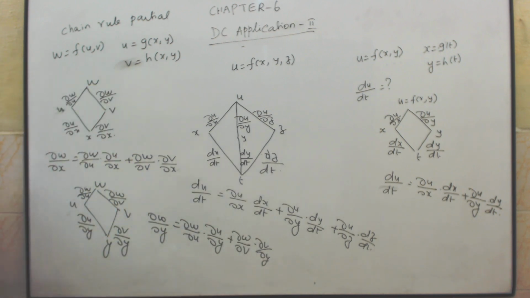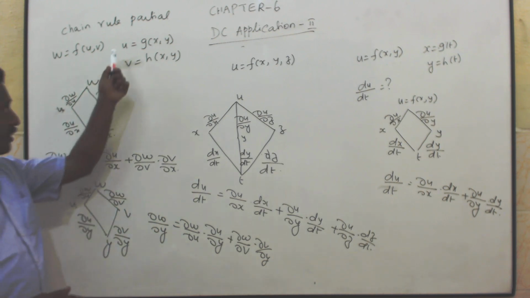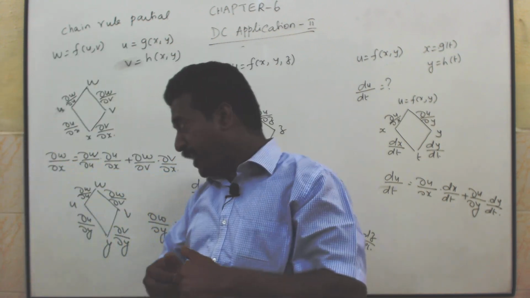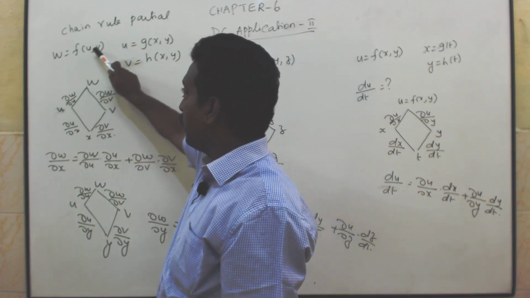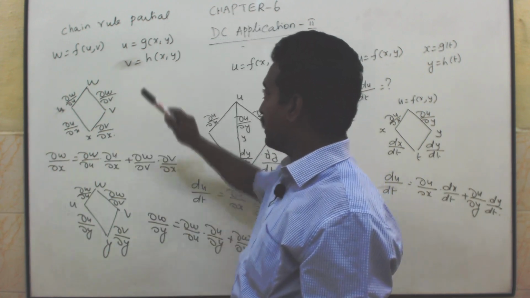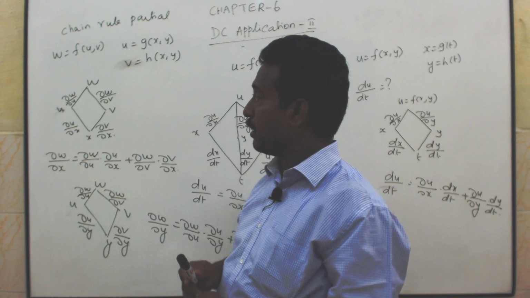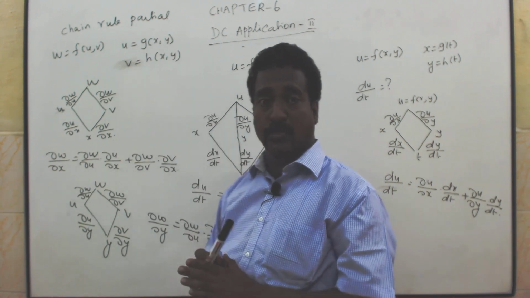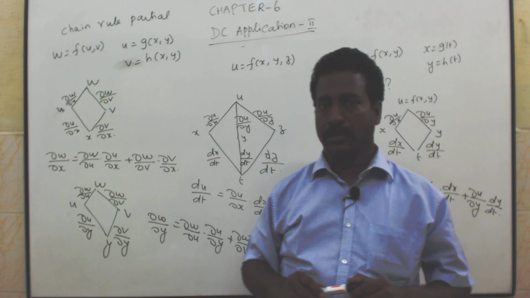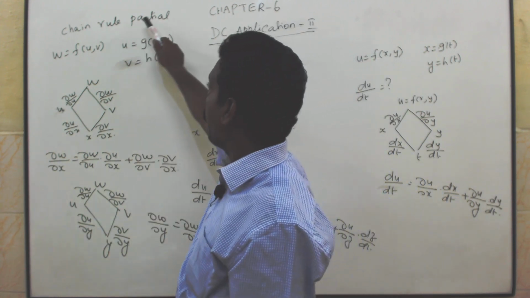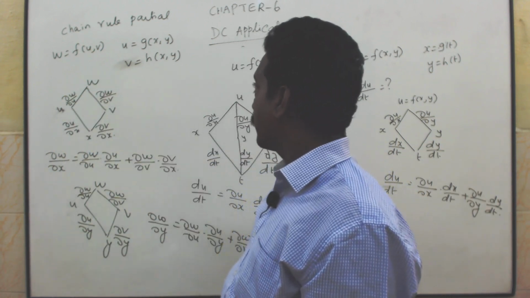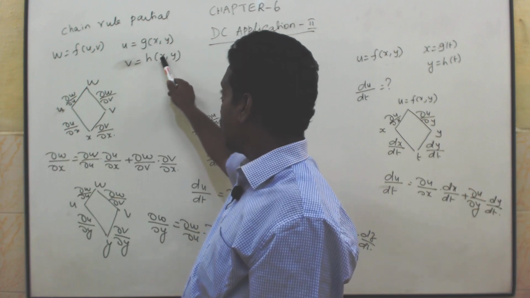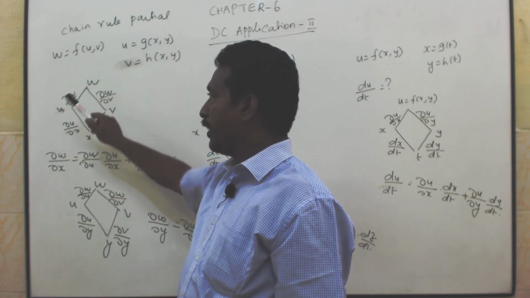Listen carefully. w is a function of u and v, u is a function of x and y, v is also a function of x and y. w depends on u and v, u depends on x and y, v depends on x and y, there is no independent variable directly. That's why we consider the chain rule for partial derivatives.